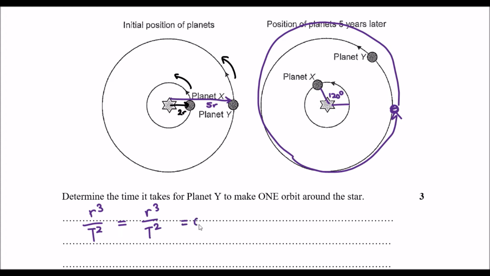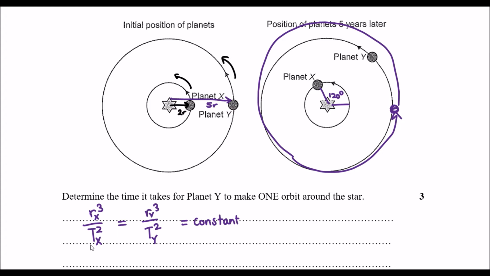So the value of this ratio is going to be constant regardless. R and T will not be the same for the two planets, but the constant in which they come together should be the same.